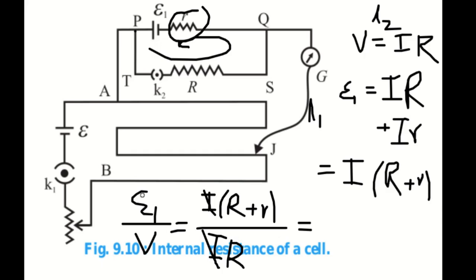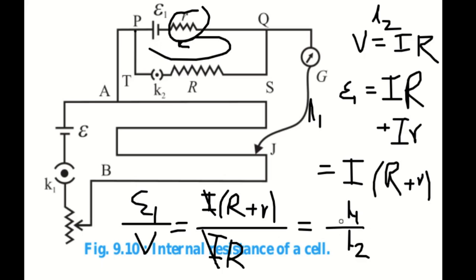As discussed earlier, epsilon 1 is directly proportional to the length L1, so epsilon 1 is equal to K into L1, and V is directly proportional to L2, so V is equal to K into L2.